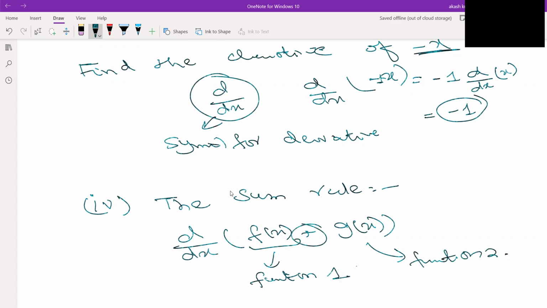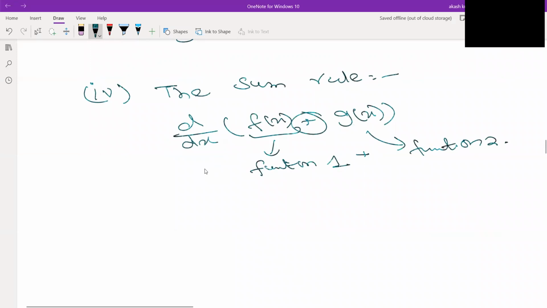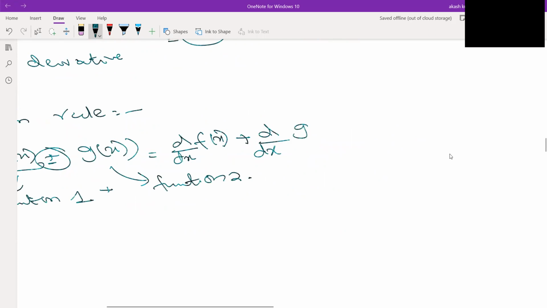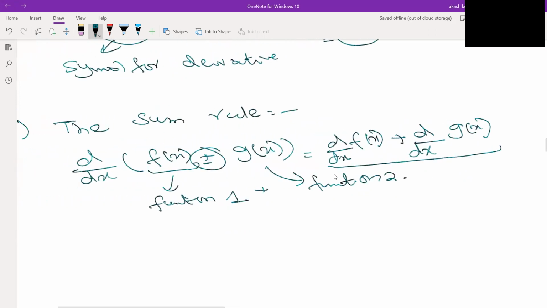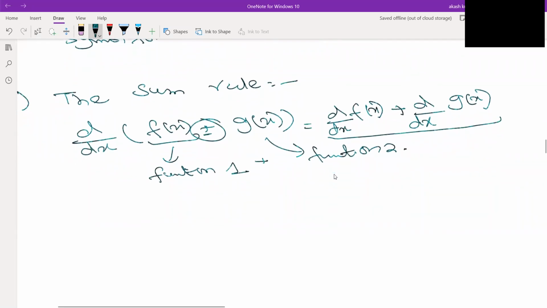Both are added together, and if someone asks us to find the derivative, we individually find their derivatives. This is the rule that we'll use to calculate the derivative of functions that are added together. So the same thing, we just expanded.